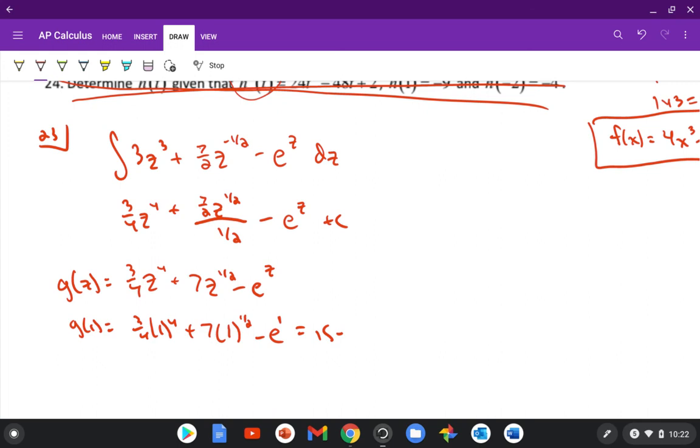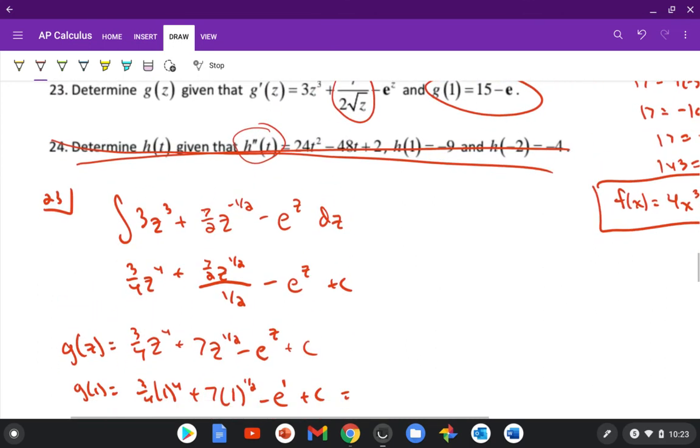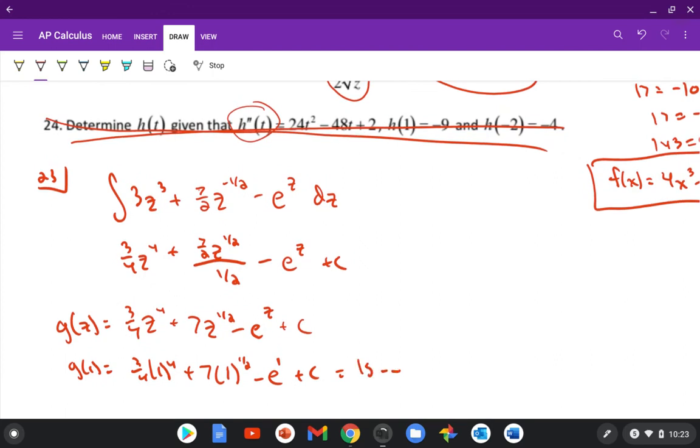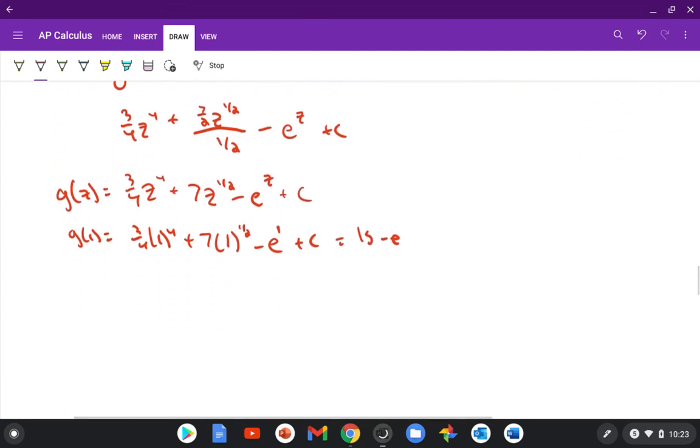Oh, sorry, I forgot my plus c there. Plus c equals 15 minus e. So then we need to get the c by itself. Well, we get 3/4 plus 7 minus e plus c equals 15 minus e. Looks kind of crazy here, I know.